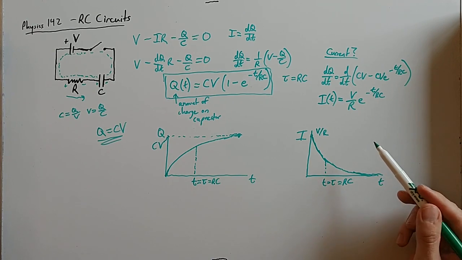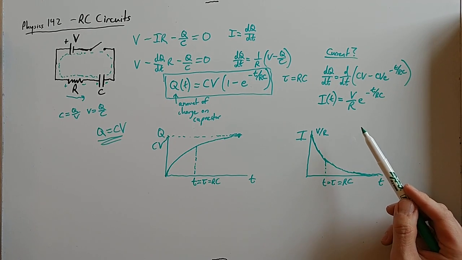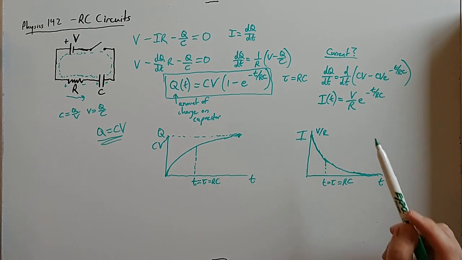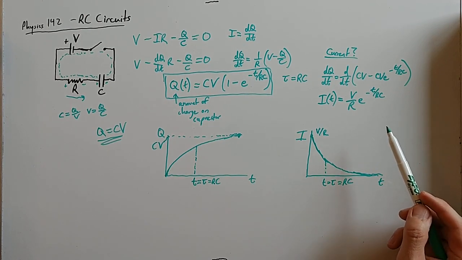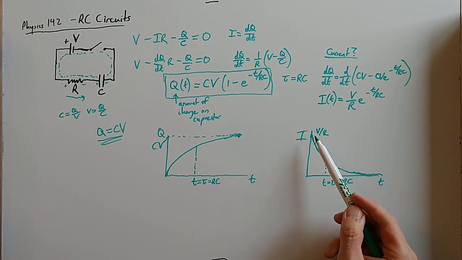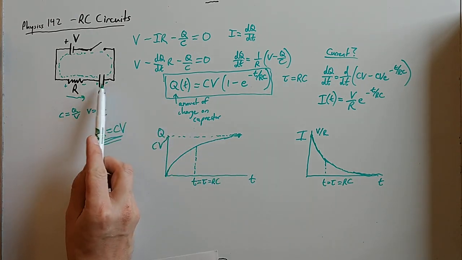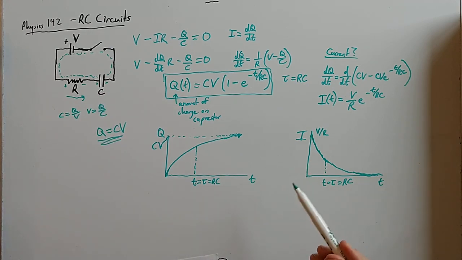So to summarize this then, what can we take from this? Let's think about the behavior right after the switch closes. Right after the switch closes, we have full current and basically no charge on the capacitor. So essentially, right after you close the switch, you can treat capacitors like wires.